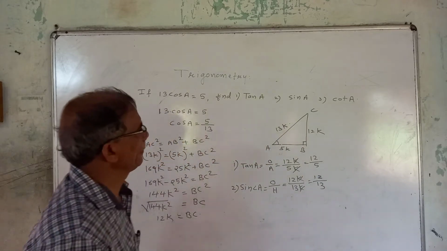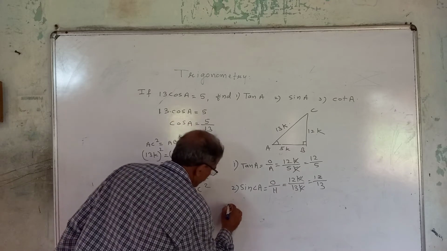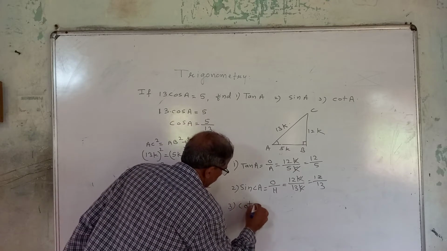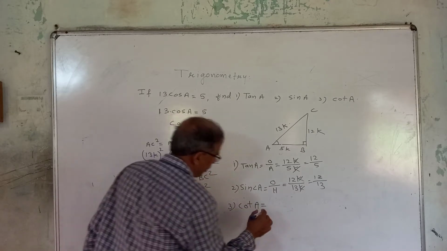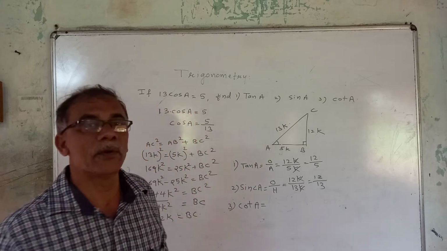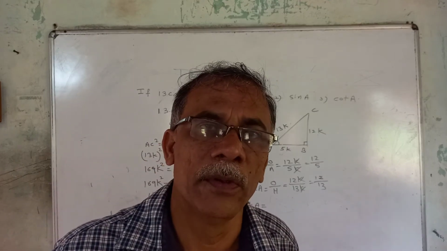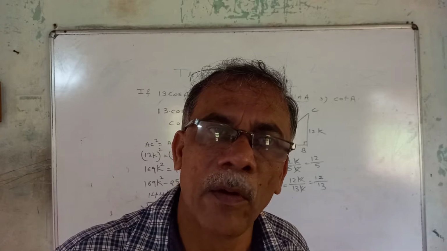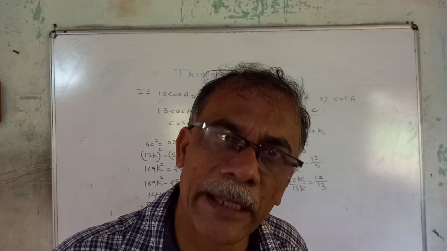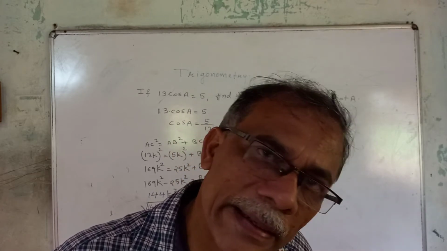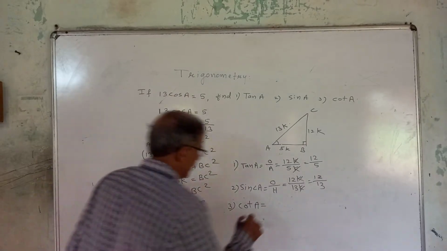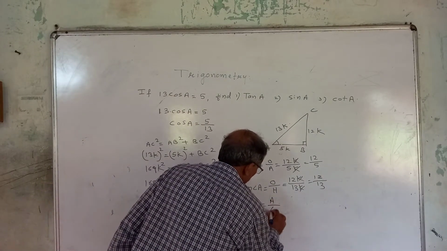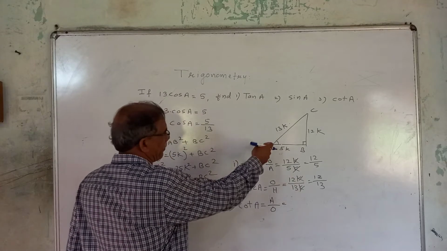Then what is remaining? Cot A. Cot A is equal to, cot means it is the inverse of which ratio? Tan ratio. Tan means what? Opposite upon adjacent. Now its inverse means adjacent upon opposite. So A by O. What is the adjacent side for angle A?